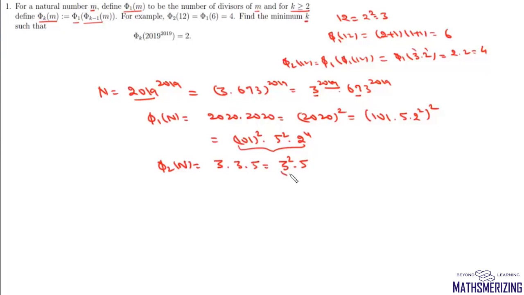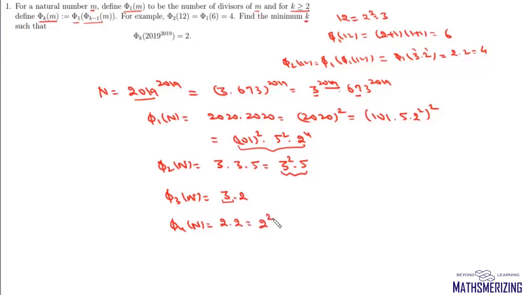Now we'll find the number of divisors of this function. So it will be phi 3 of n and it will simply be 3 into 2. Now we can write phi 4 of n, and phi 4 of n here will be, now this is 1, 1 plus 1 is 2, and then 1 plus 1 is 2.